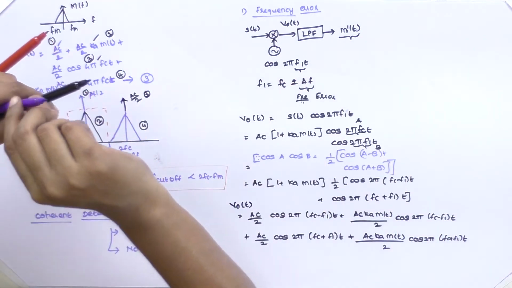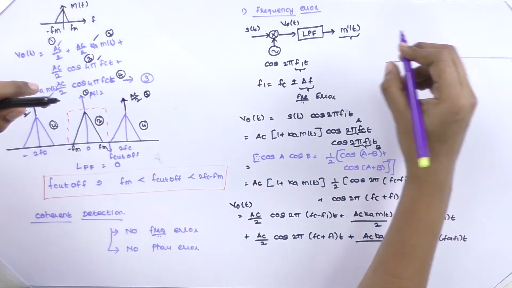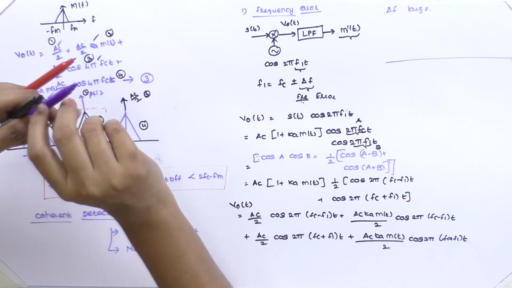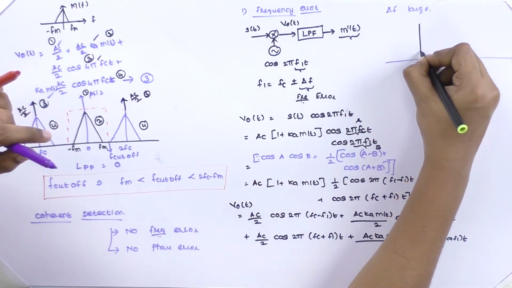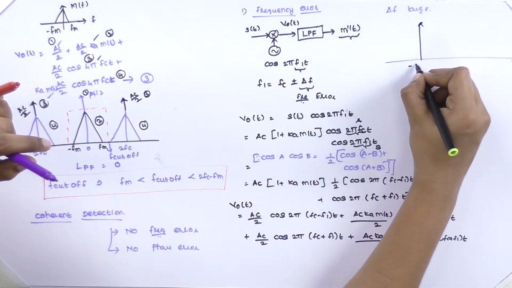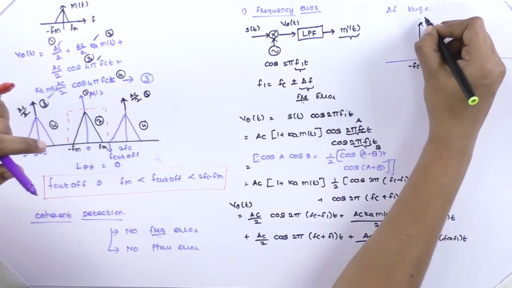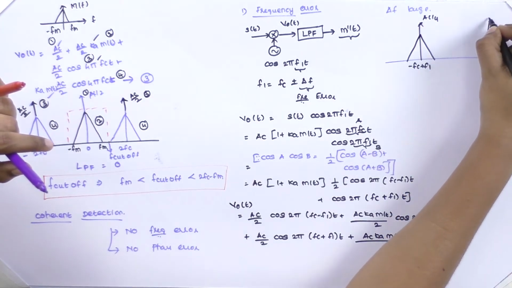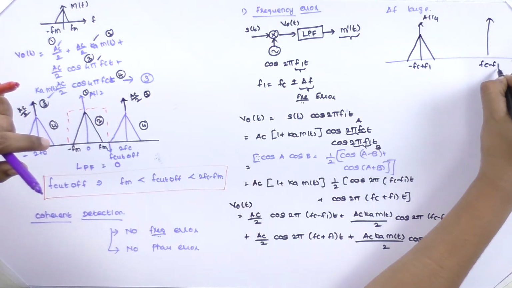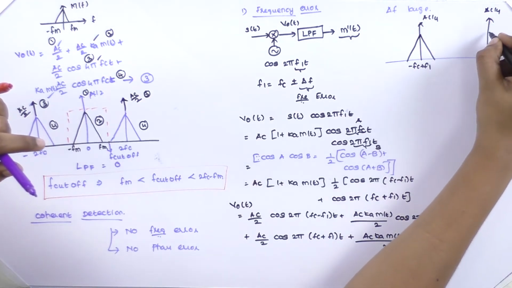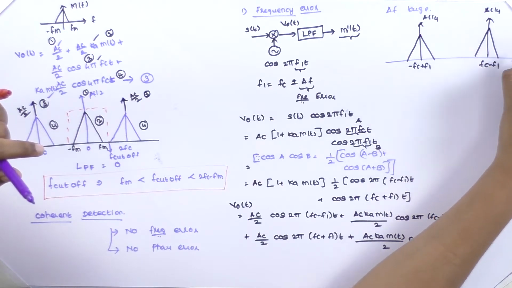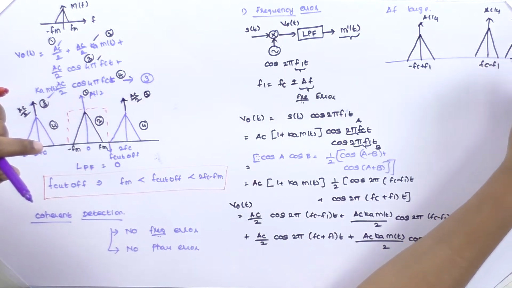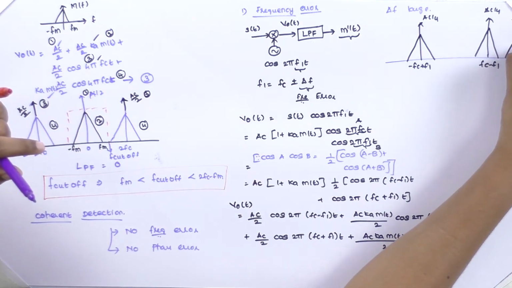When we plot the frequency spectrum for del f having a larger value, our resultant will be as follows. This is our minus fc plus f1 value, here it is AC by 4, and here we will have the spectrum, and here we will have yet another spectrum at fc minus f1, AC by 4, and another spectrum in this region, AC Ka by 4.